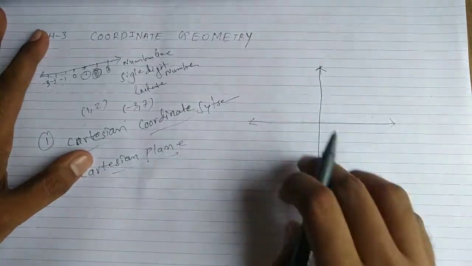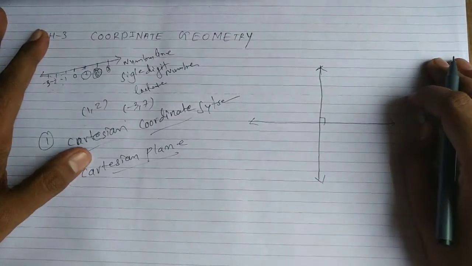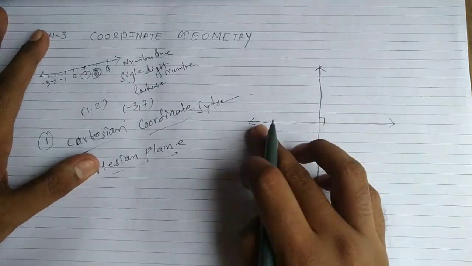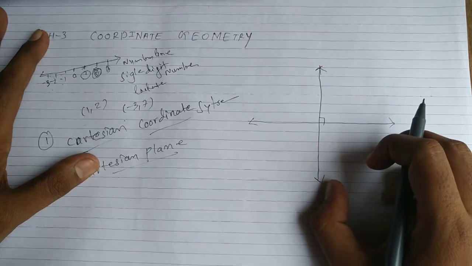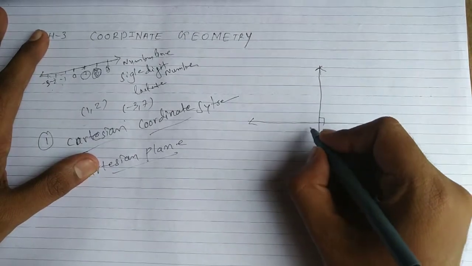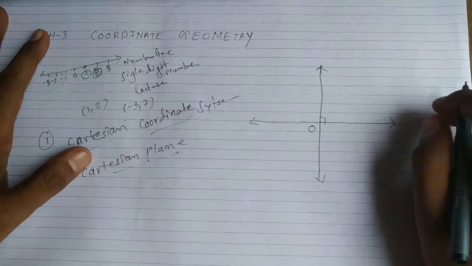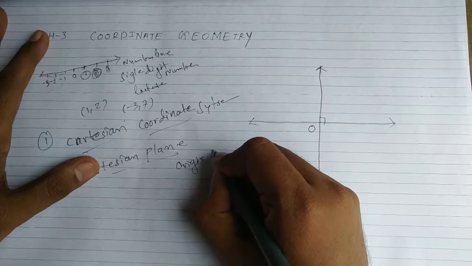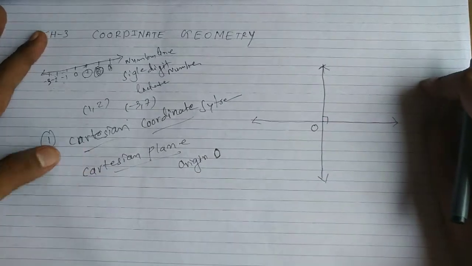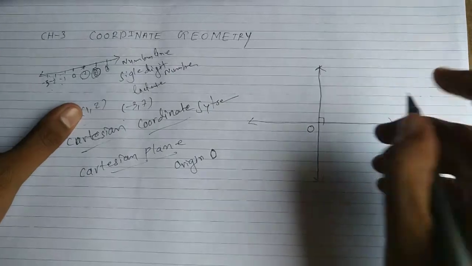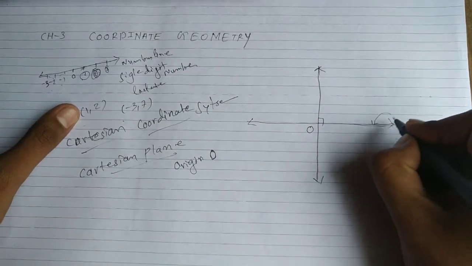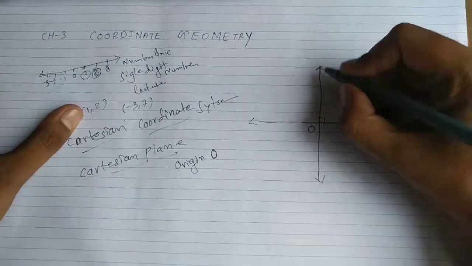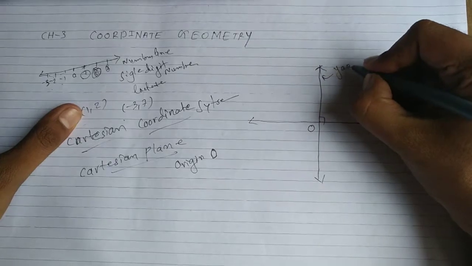One is horizontal and the other is vertical, and their intersection is called the origin, which is represented by capital O. The horizontal line is called the x-axis and the vertical line is called the y-axis.